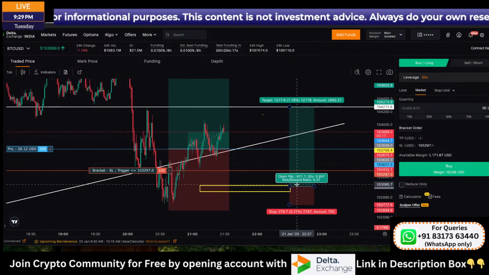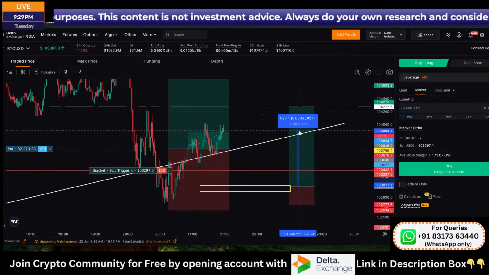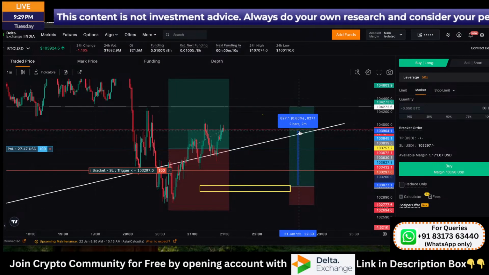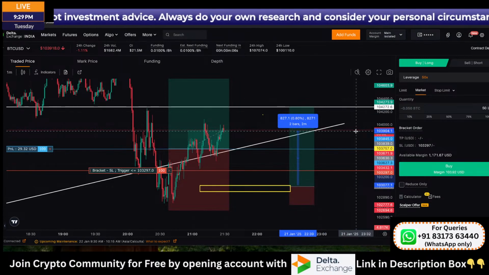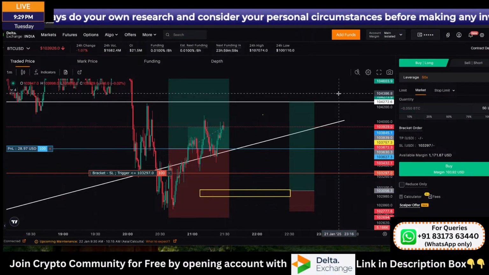Those who entered this setup, you see till now around 800 points. Okay, if you want to book, you book, because the market is still in a deciding zone. Whoever is holding, please hold based on your risk capacity.